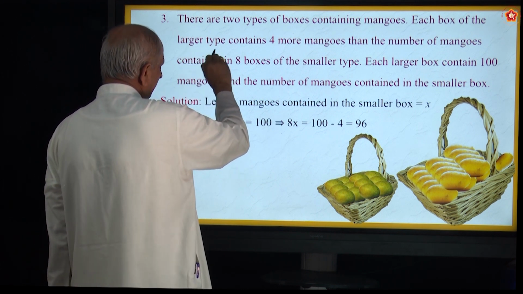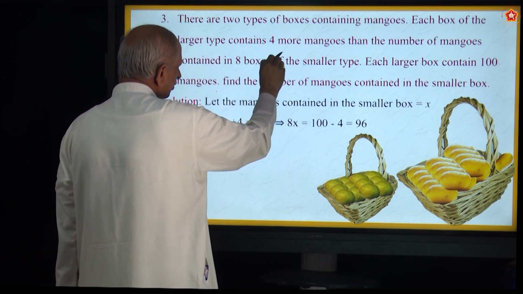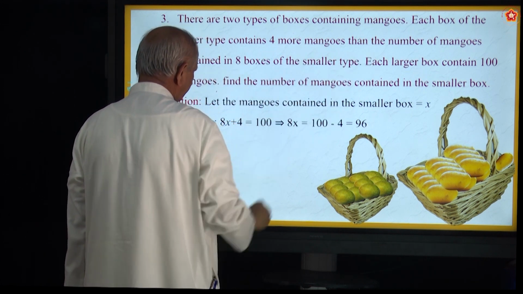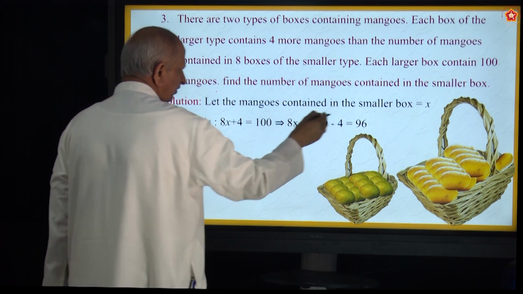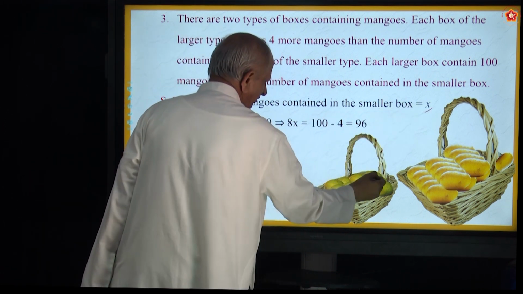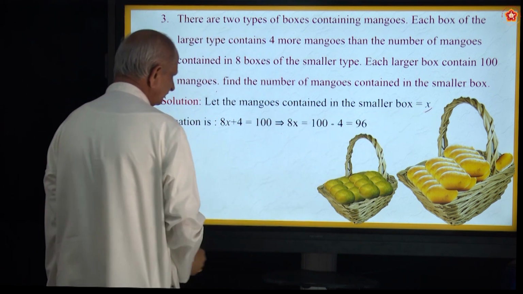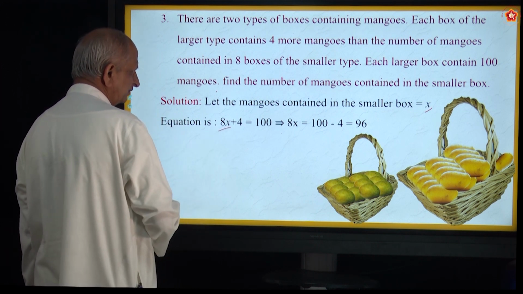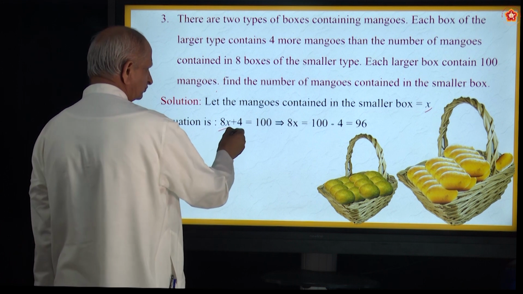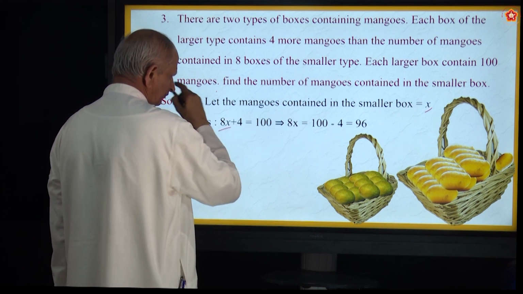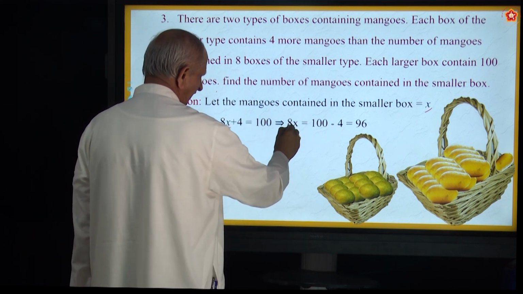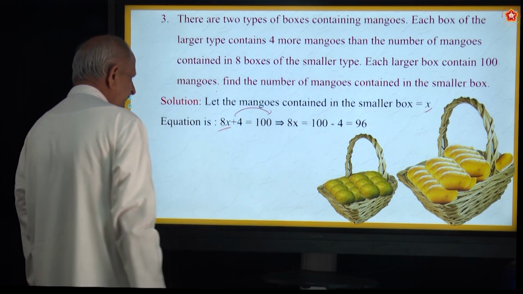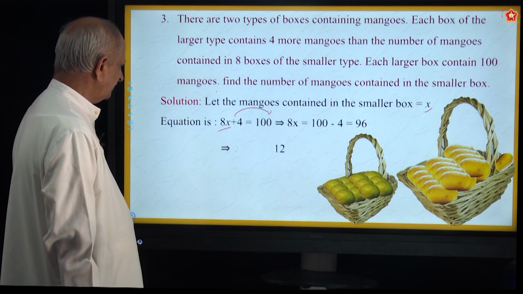Each box of larger type contains 4 more than the number of mangoes contained in the 8 boxes of the smaller type. So smaller type we call it as X. 8 times that smaller means 8 into X. 4 more. So 8x plus 4 is equal to 100. So 8x becomes plus 4, bring to right side, minus 4. So 8x is equal to 96.